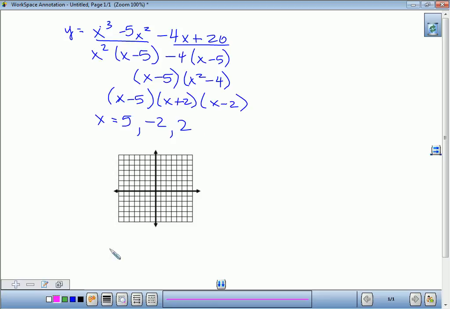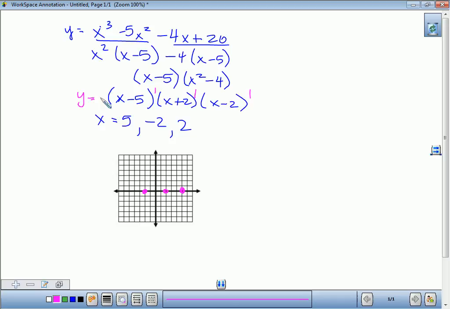So we have 1 at 5, 1 at negative 2, and 1 at positive 2. Now each one of these factors is raised to the understood first power. If it is an odd power, it is going to pass through. If it is an even power, it will be tangent or bounce at that point.